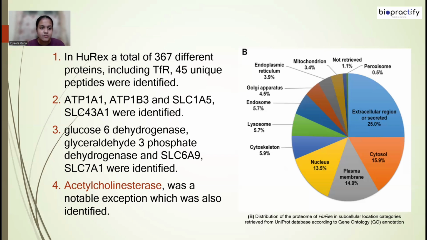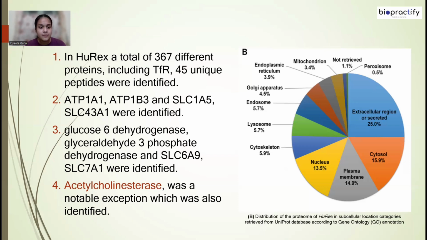Next is ATP1A1, ATP1B3. What are these? These are Na+/K+ transporter ATPases. And SLC1A5 and SLC43A1, these are neutral amino acid transporter genes, which were also identified.